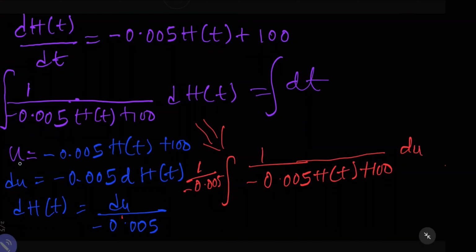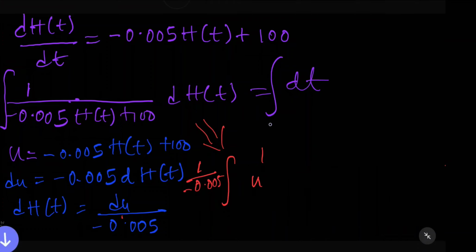But then we see that our denominator is our u, so we are going to be wiping all of this off and calling it u. So now we have 1 over u du equals dt.